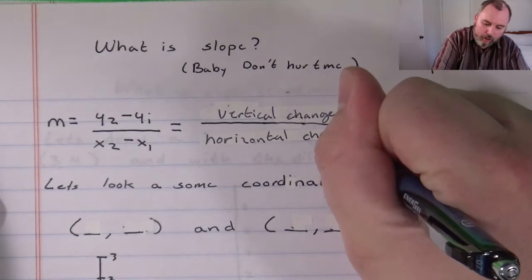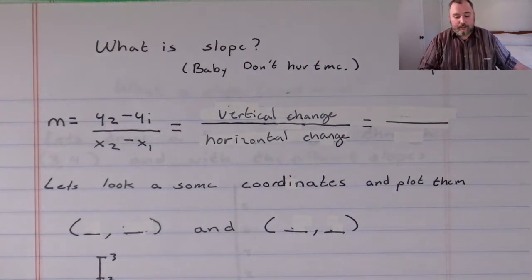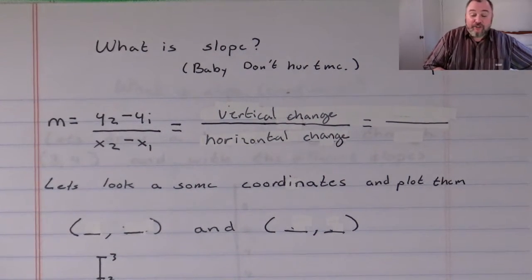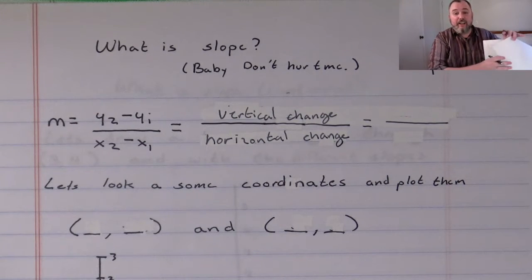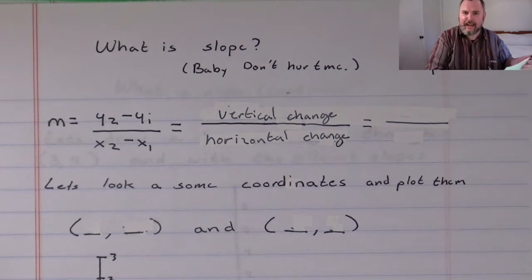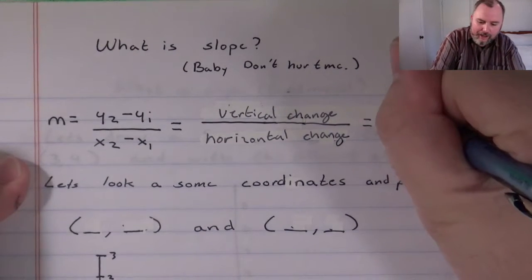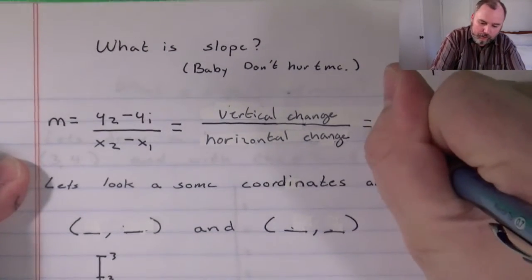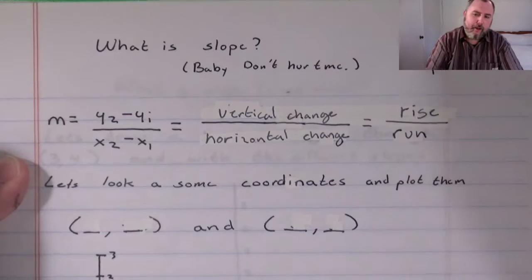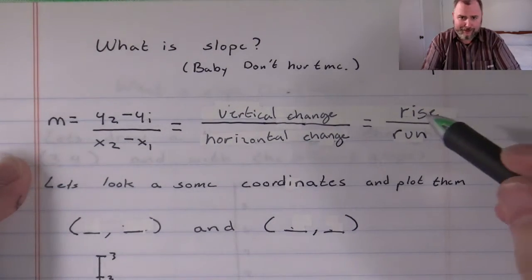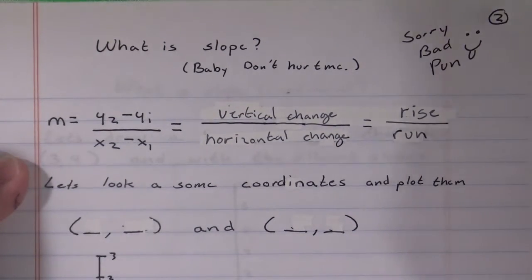That's really all slope is: vertical change over horizontal change. Personally, I like to use the terminology rise over run. How far did it go up or down, and how far did it go left or right.